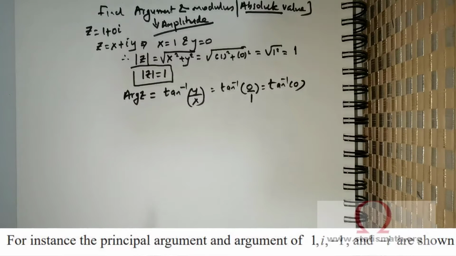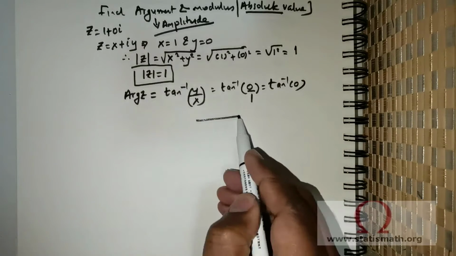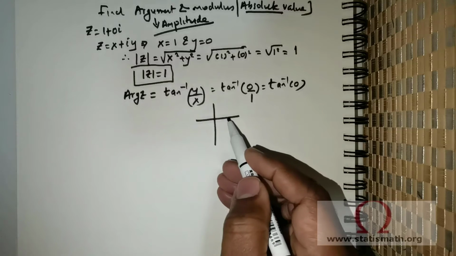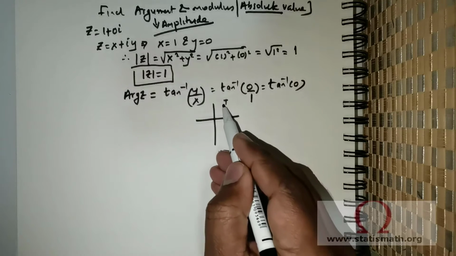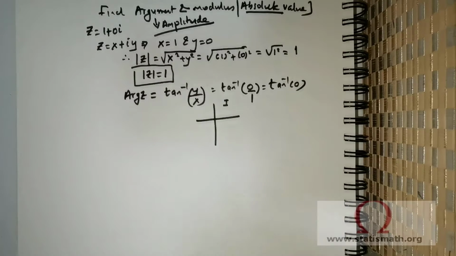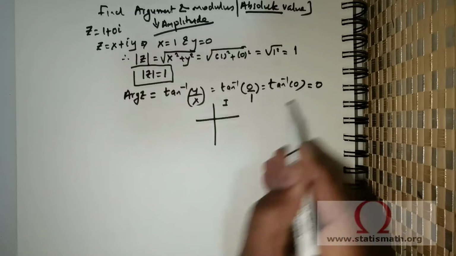Now we have to find what value tan inverse of 0 is giving us, but clearly we know that it is going to be in the first quadrant. Now clearly we know that tan inverse of 0 is going to be equal to 0.